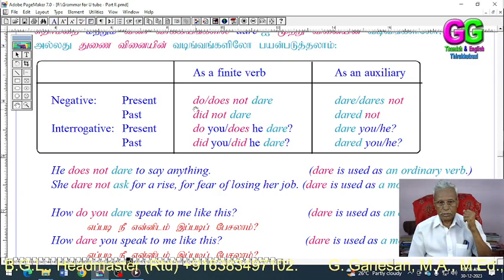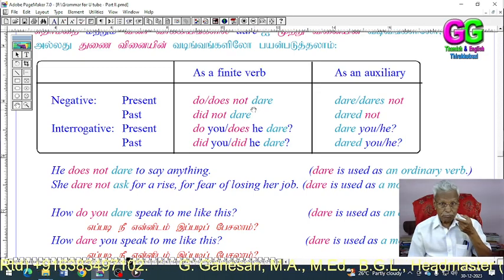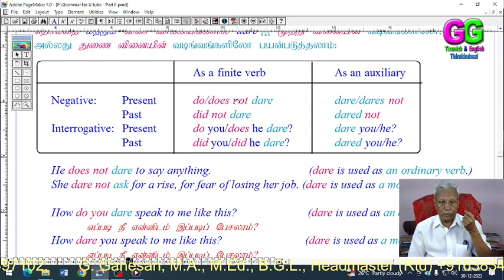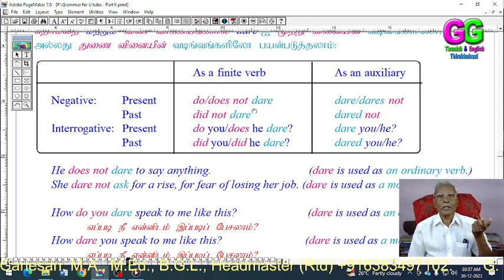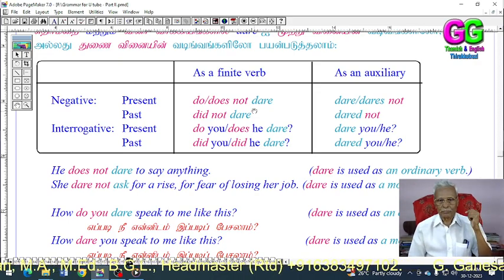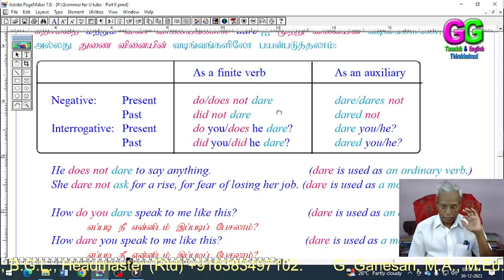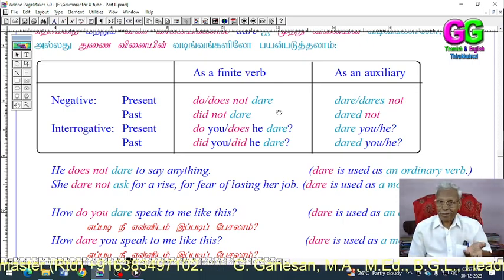Negative, present tense: do or does not dare, as a finite verb. The present form is do not dare, does not dare.